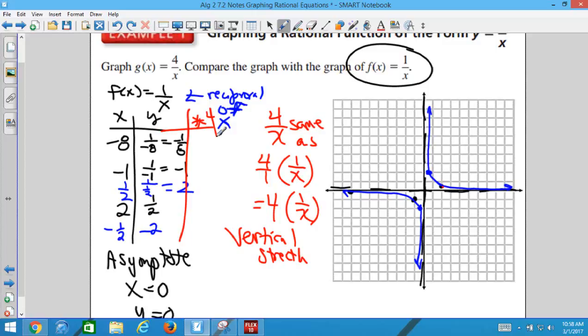So if I take -1 and I multiply by 4, I get -4. So my new ordered pair is -1, -4. If I take 2 and multiply it by 4, I get 8. So 1/2 is 8. If I take a half and I multiply it by 4, I get 2. So 2, 2.